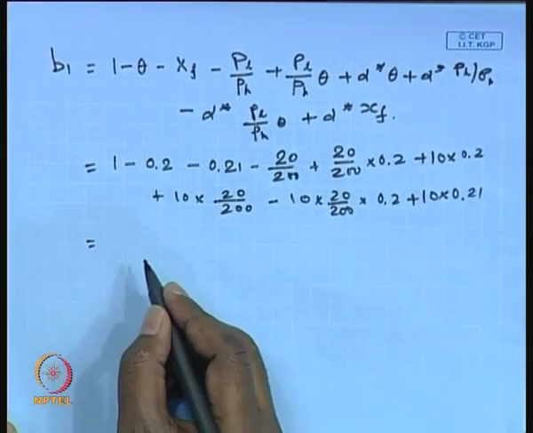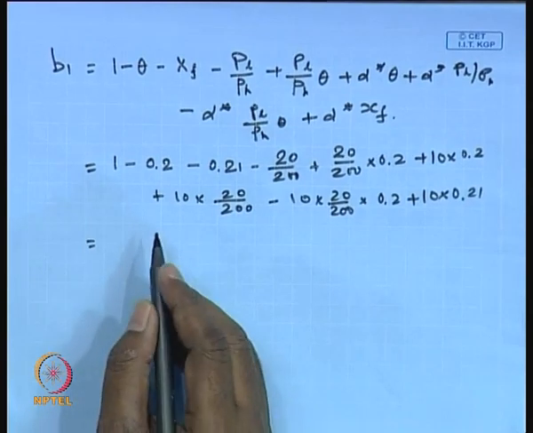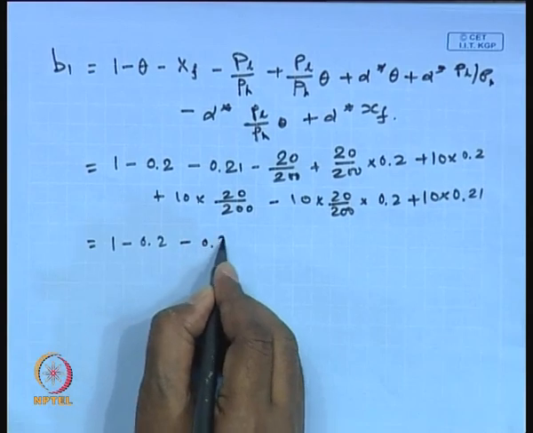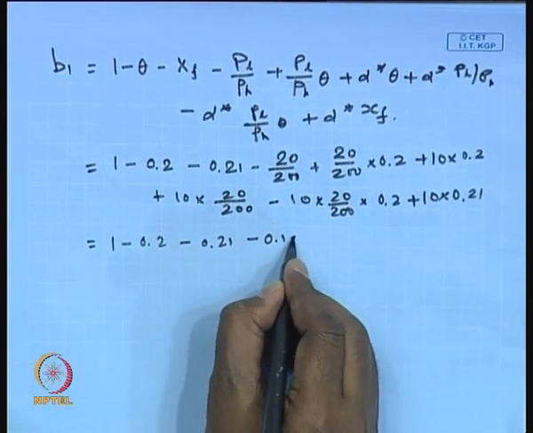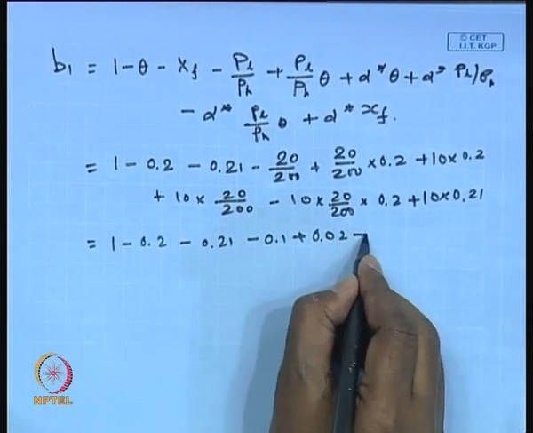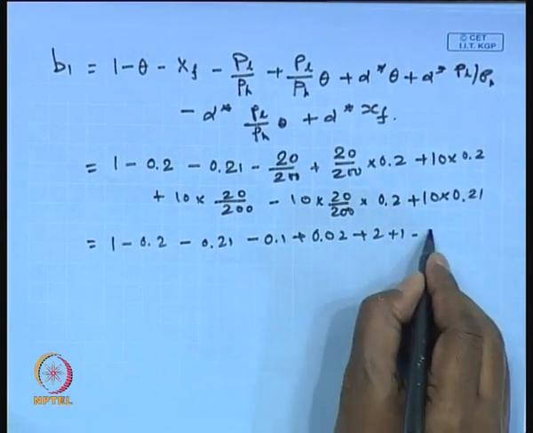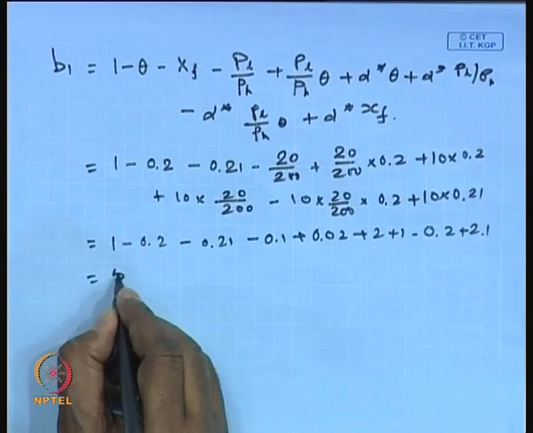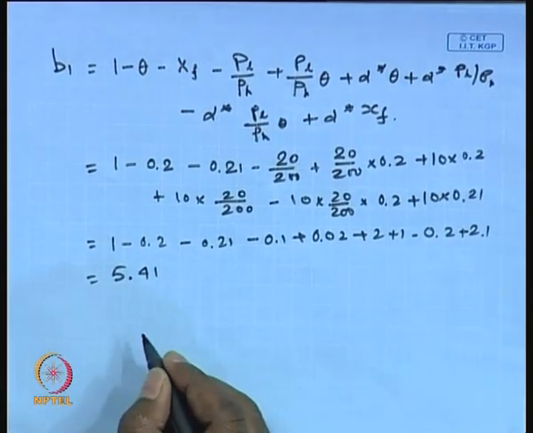This is the feed composition, 0.21 mole fraction of oxygen. So, it becomes 1 minus 0.2 minus 0.21 minus 0.1 plus 0.02 plus 2 plus 1 minus 0.2 plus 2.1, and the total comes out to be 5.41.